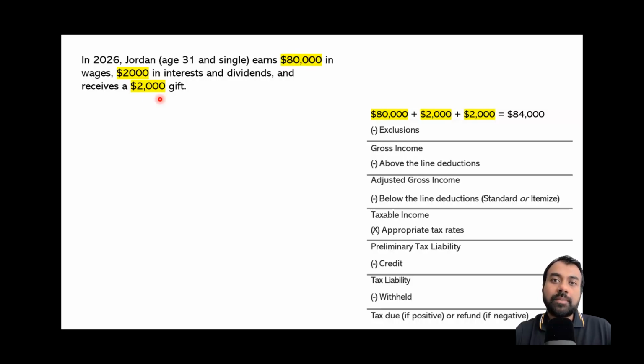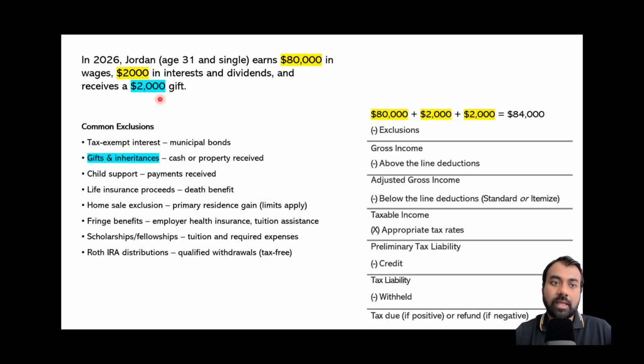Now, the next step is to think about, are there any sources of income that can be excluded given the tax law that we have? So the tax law allows us to exclude income from certain sources. For example, if you have municipal bonds, the interest income that you have from municipal bonds is not taxable.